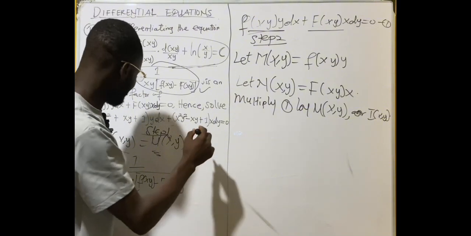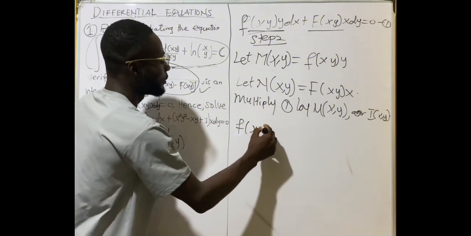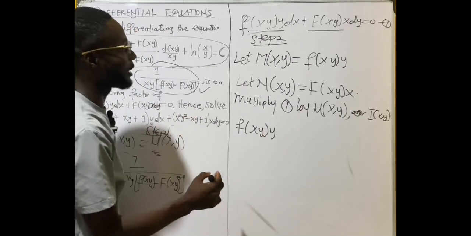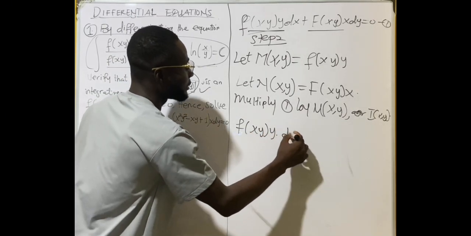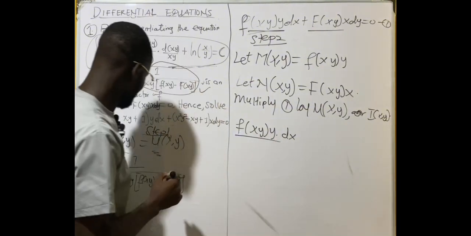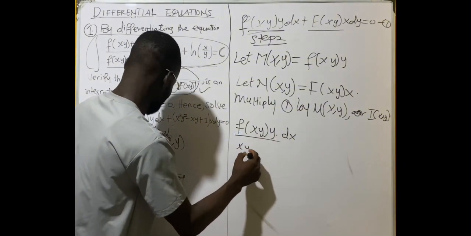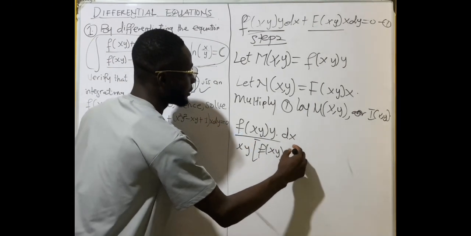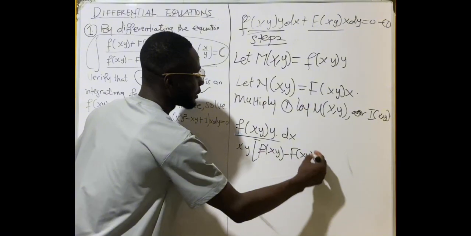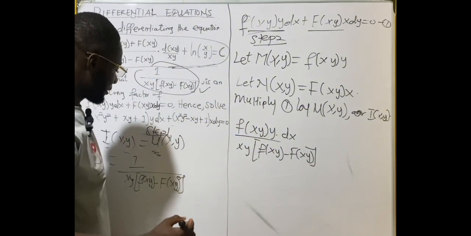So we multiply that. So we're going to have f of x y multiplied by y times dx. Then this will be xy multiplied by f xy minus big F of xy, right?